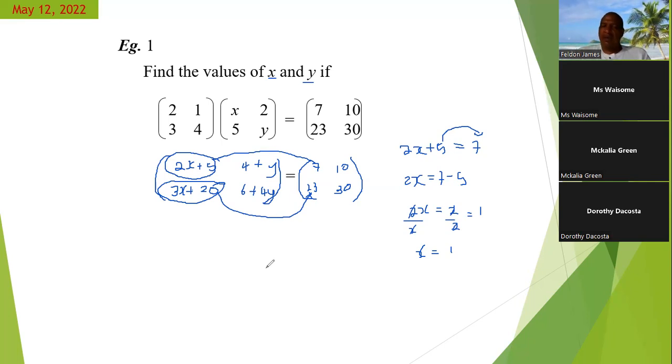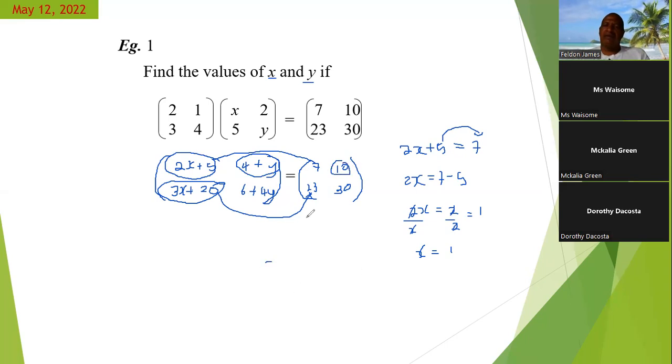But as I was saying just now, it would be better for you to choose the easier one, which would be 4 plus y equal to 10 in terms of calculation, right? So for y, you could just choose the corresponding element, 4 plus y equal to 10. All right, so choose this and solve that.